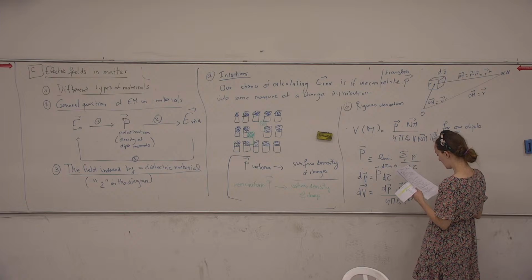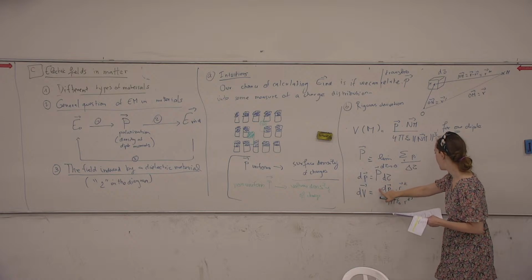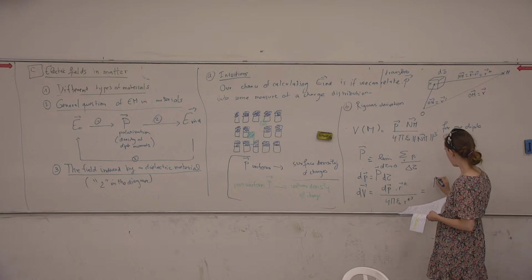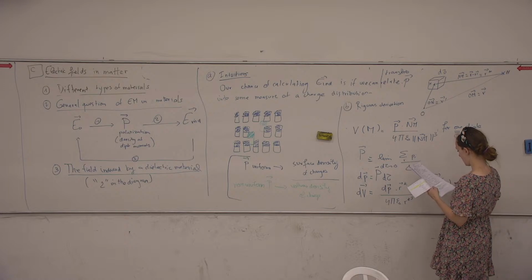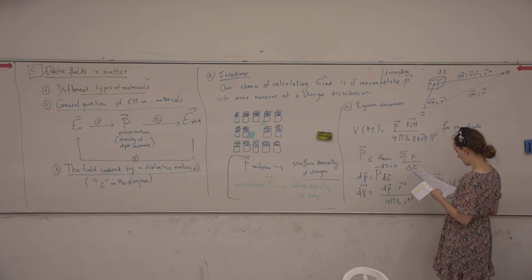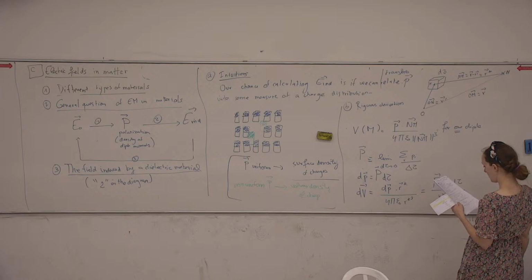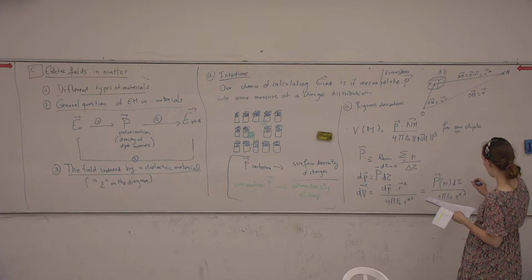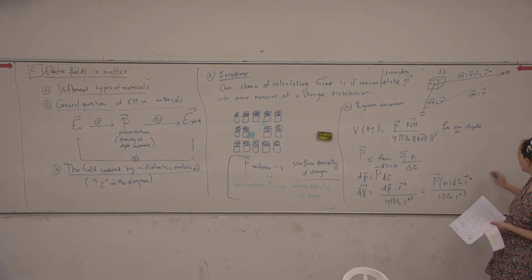And this is also equal, if I replace here, to P, the polarization at point N, d tau over 4 pi epsilon 0 R star cubed, and what am I missing here? R star. So this is dV.